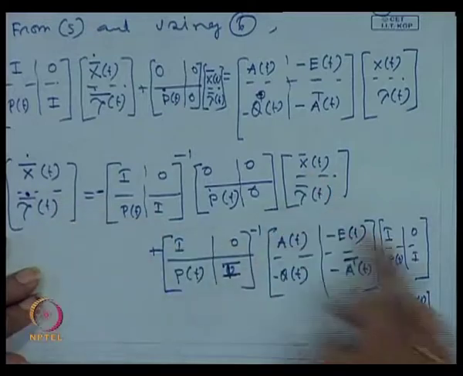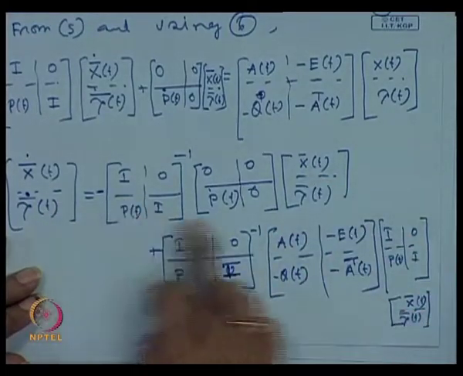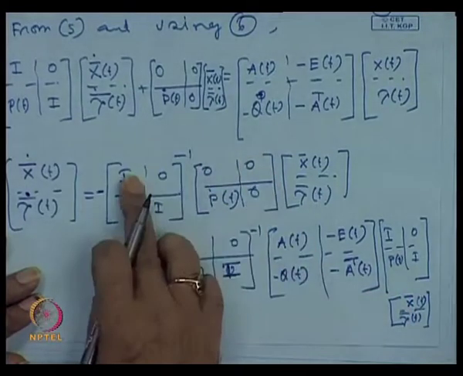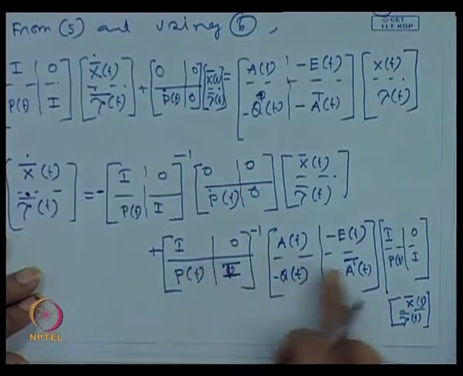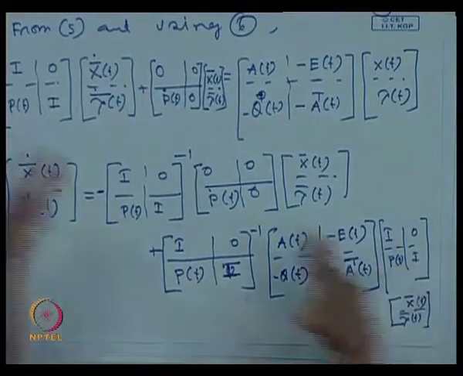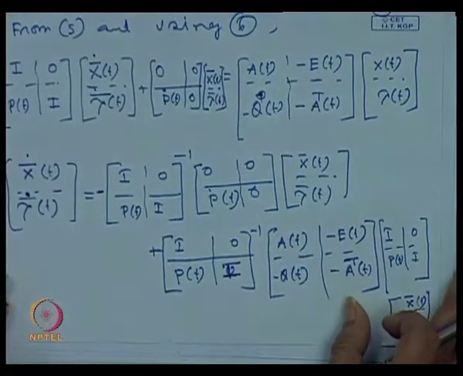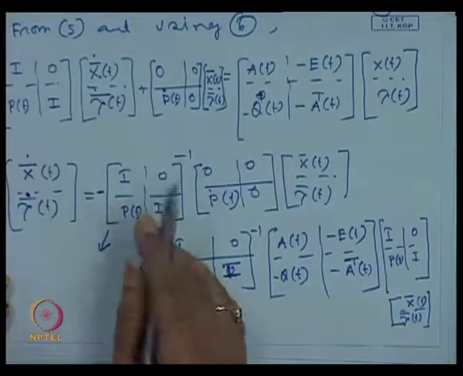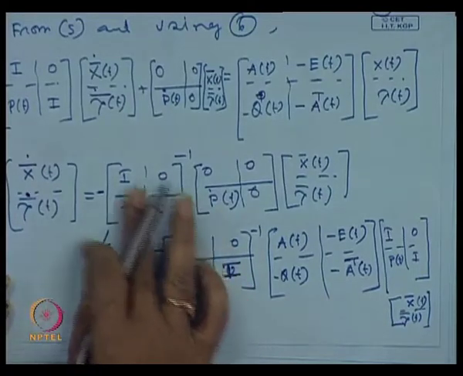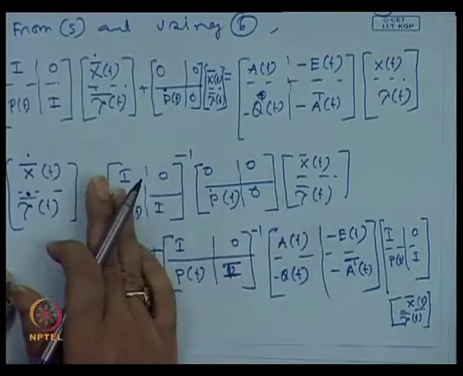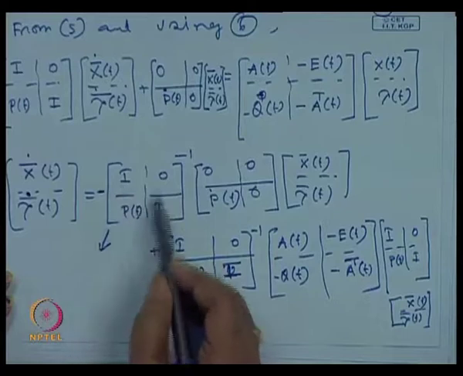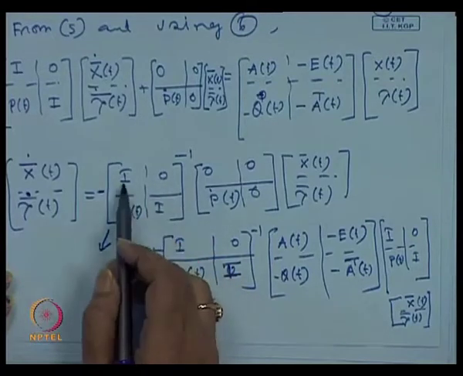After this, you club this and this together, and if you take this common, then this matrix multiplied by this matrix multiplied by this matrix, and the resultant you will get is a 2 by 2 block matrix. Before that I have to know the inversion of this one, and I know the inversion exists, because this matrix has twice n linearly independent vectors, which you can say from this structure.